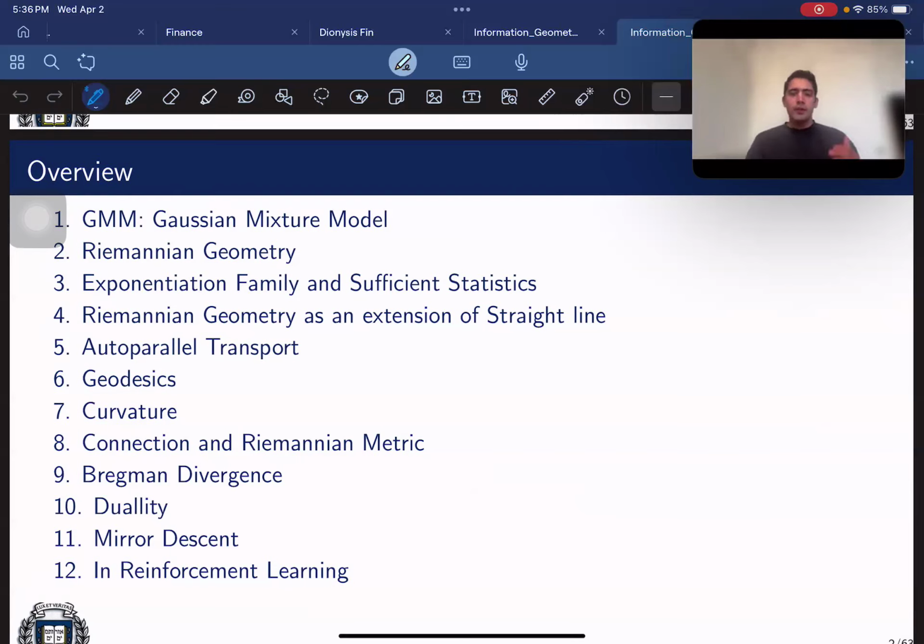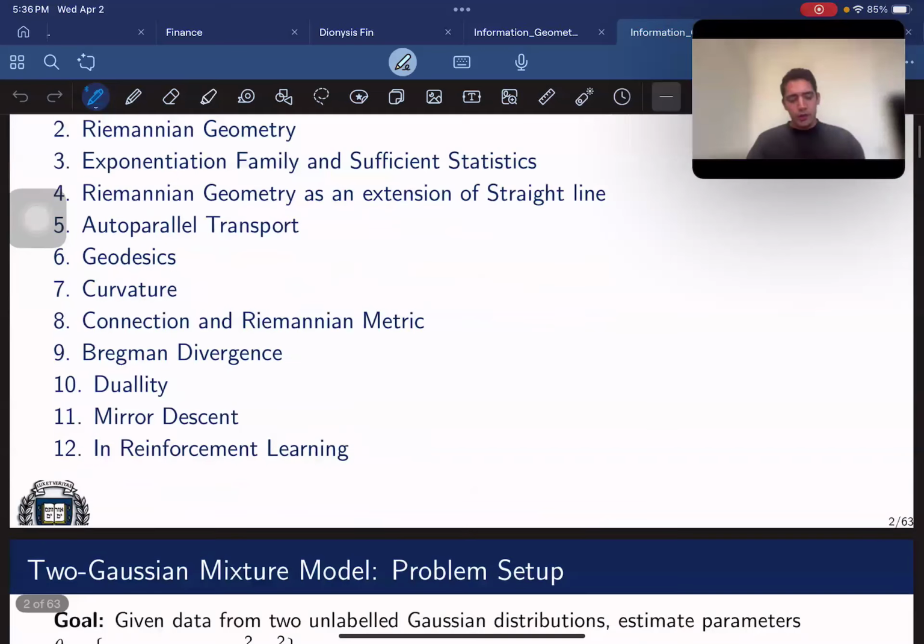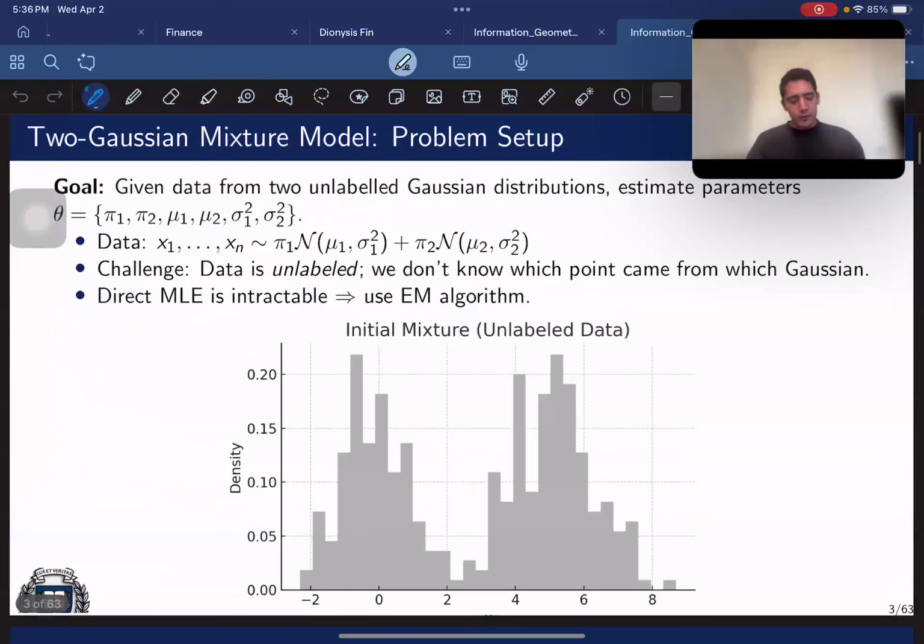So we need the algorithm of estimation and maximization, which many of you have already seen. And then throughout the second session, we would develop the essential mathematical tools to review this whole estimation and maximization algorithm through the lens of information geometry. So let's start with the problem.